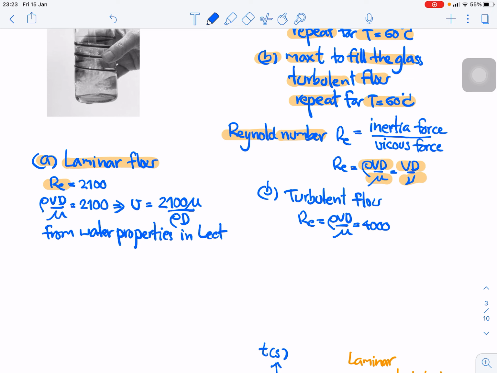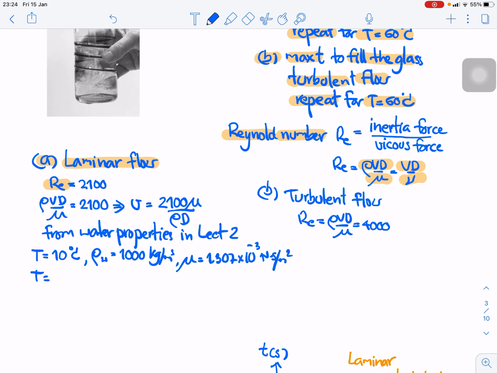In lecture 2, we can find that at T equal to 10 degrees C, the density of water is about 1000 kilogram per cubic meter, and the dynamic viscosity is 1.307 times 10 to the power minus 3 Newton second per square meter.